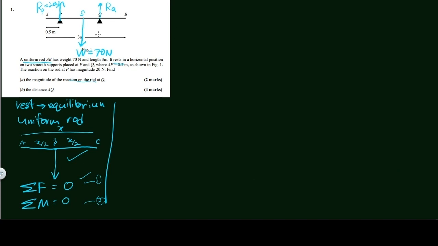For this problem, I will try to solve the forces vertically first. Let's sum all of the forces vertically. That means we should get the total force equal to 0.